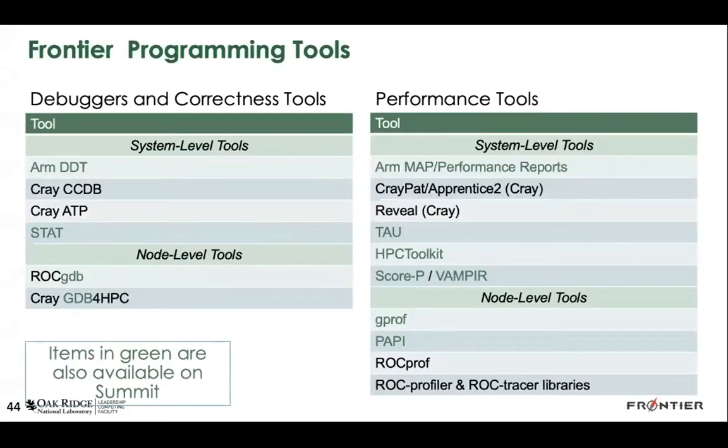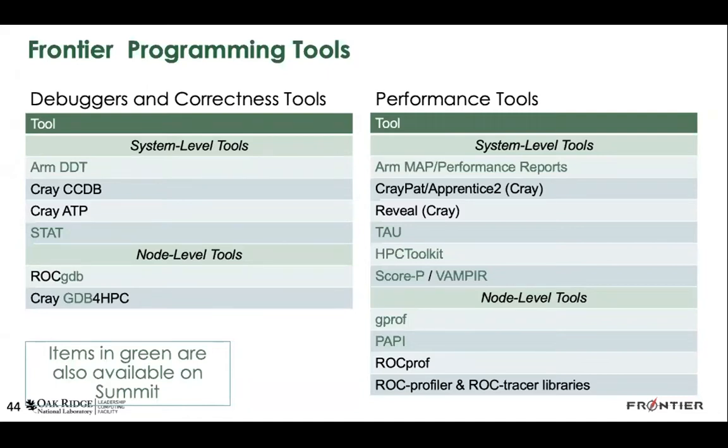These are the programming tools we expect on Frontier. Well, we have the ARM DDT. We would still have support for that, and we will have more of the Cray tools, and we'll have the ROCgdb and the Cray gdb, which will be the AMD and Cray versions of the GDB.